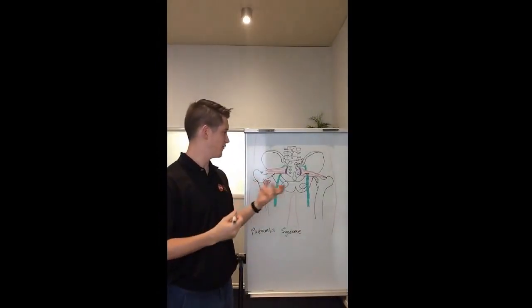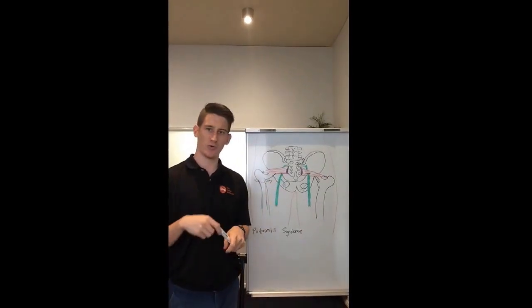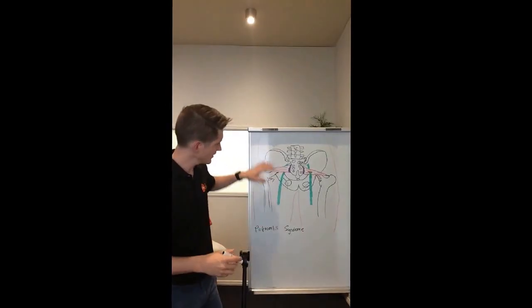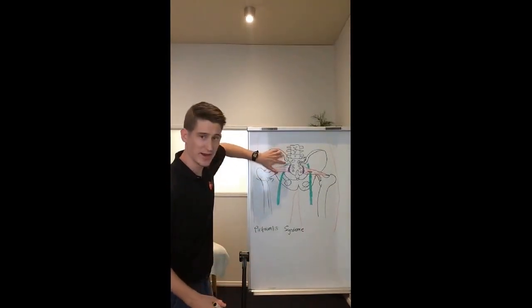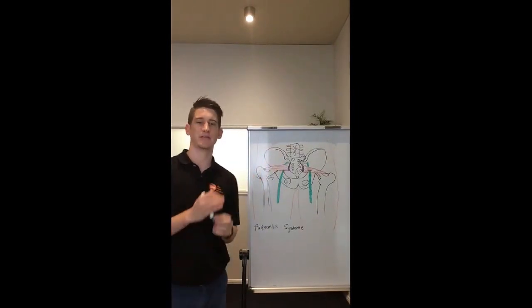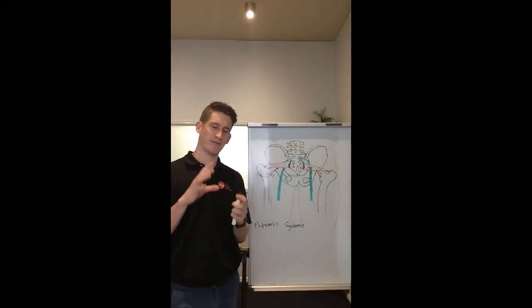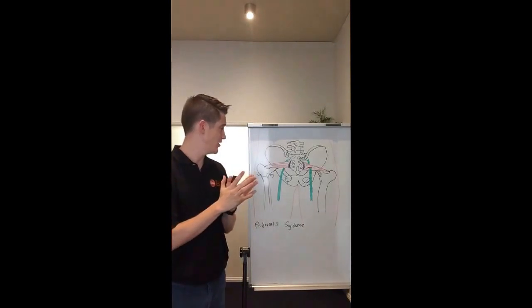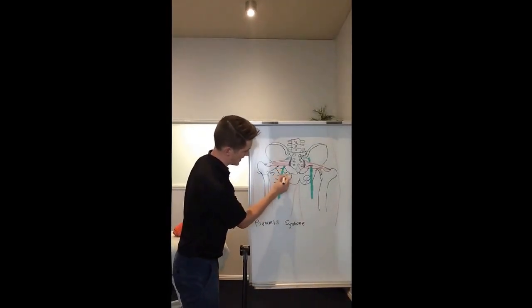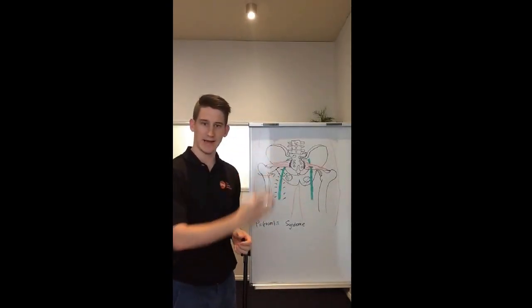Often with Piriformis syndrome, we'll say the cause of it is due to tightness or trigger points. And as you can imagine, here is the sciatic nerve traveling down. It travels underneath the piriformis. So if that piriformis is tight and compressing that nerve, that is how you can get some of that shooting type pain from the buttock down into the leg.